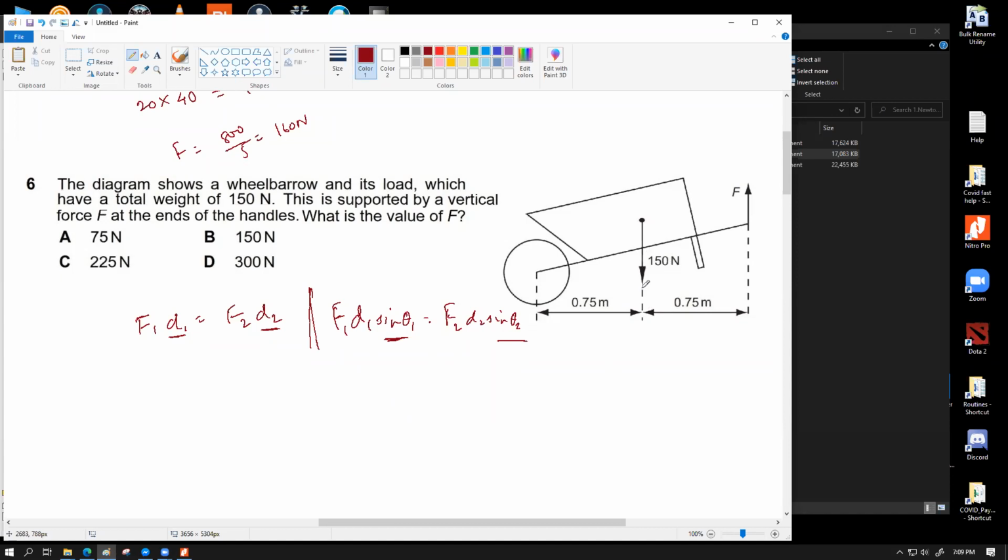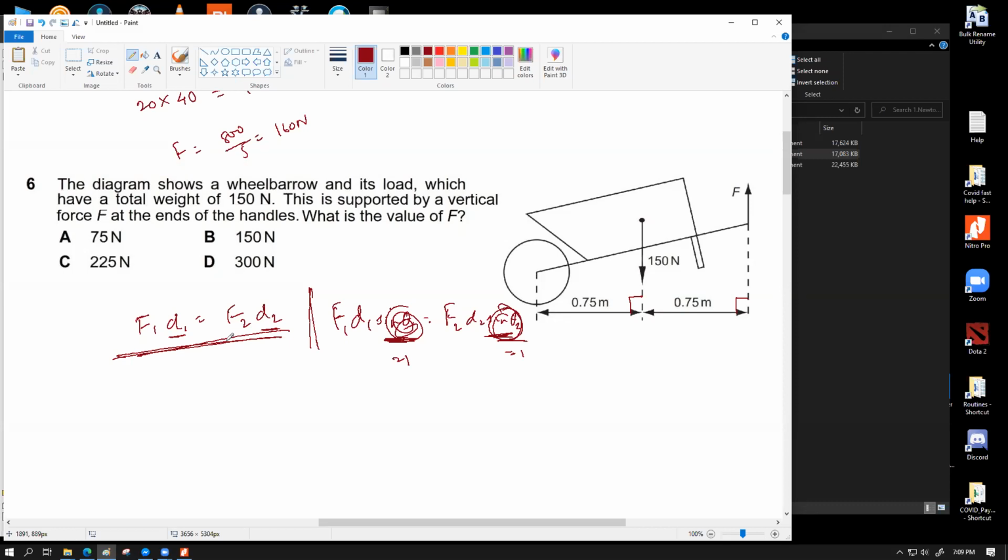But for this figure, we don't have this trouble because you can see 150 Newton with 0.75, 90 degrees. F Newton with this length information, also 90 degrees. So both of these sin theta is sin 90, which equals 1. This is also sin 90 equals 1. That's why we could get rid of the sin theta and could only work with this primary equation, which works.